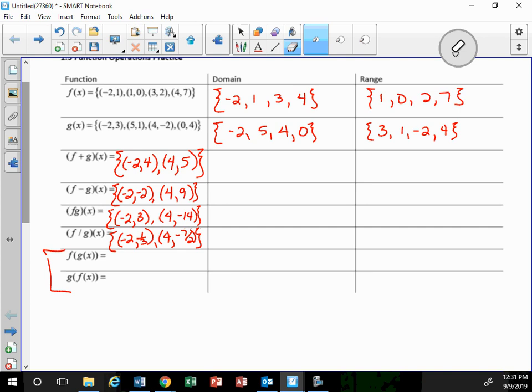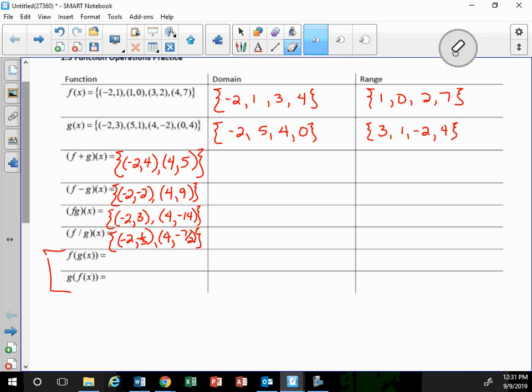Okay. You want me to go through that again? Well, I'm kind of confused. Why is it g first? Because it says f of g of x. When we do g of f of x, it'll go the other way. It's not like we're working outside in.